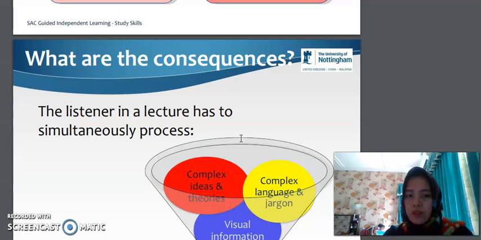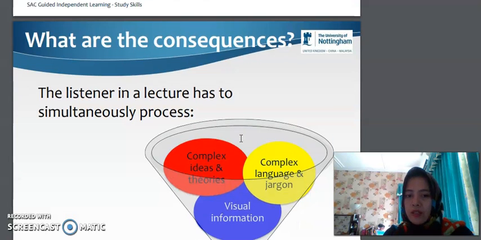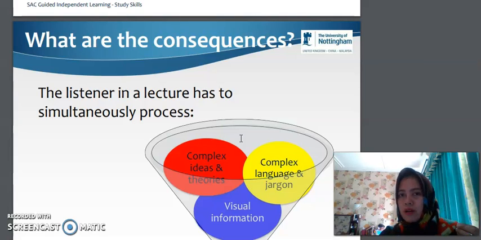The consequence is that the listener in a lecture has to process simultaneously. When you are listening to the lecture, you have very complex ideas and theories in your mind. You have very complex language and jargon. You also have visual information, if there is a video of someone lecturing, so you have to see the visual information.